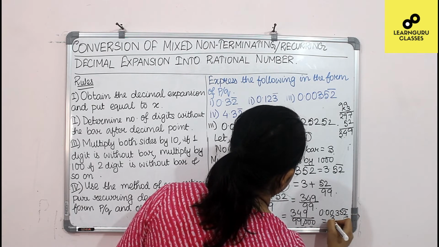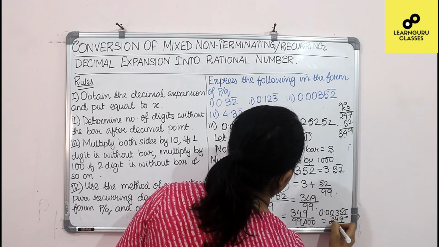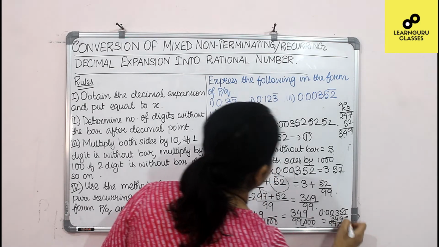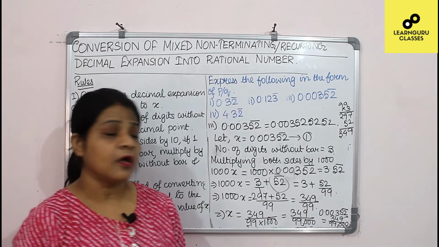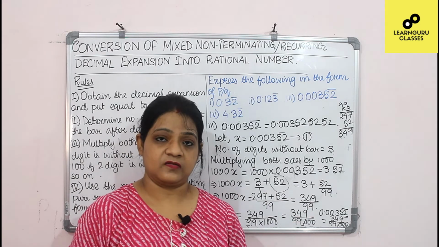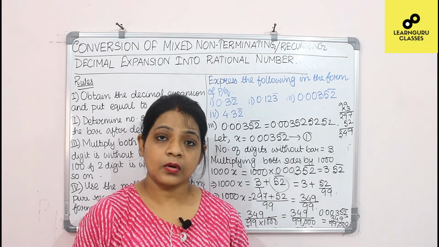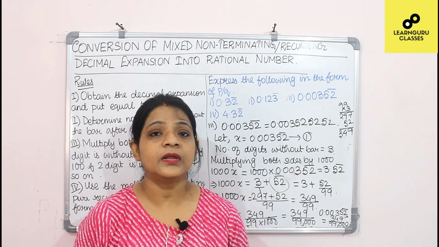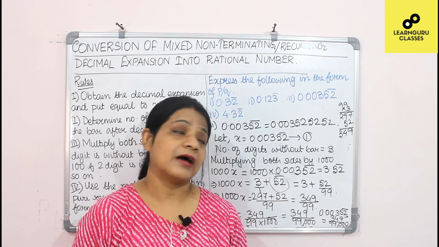It can be written as 349 by 99,000, the rational equivalent of this mixed recurring decimal number. Okay, so this is the third example.